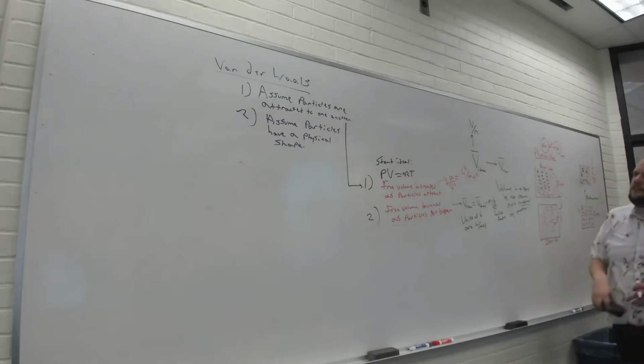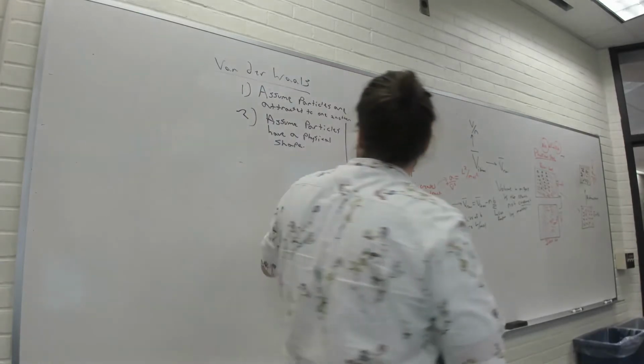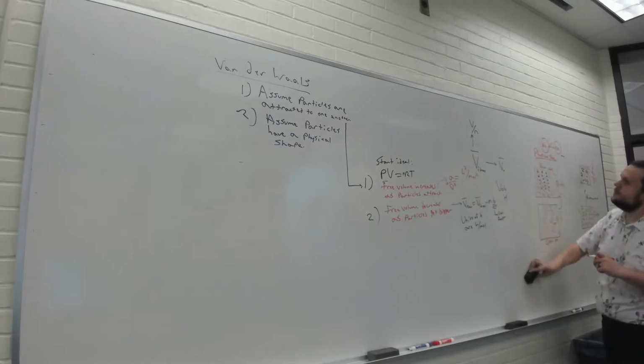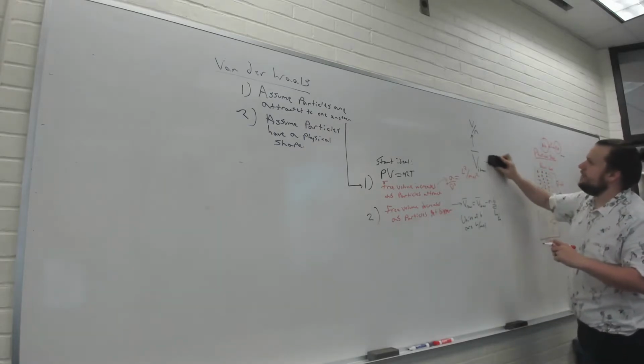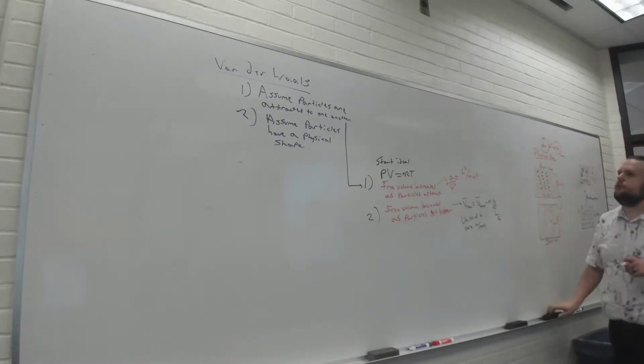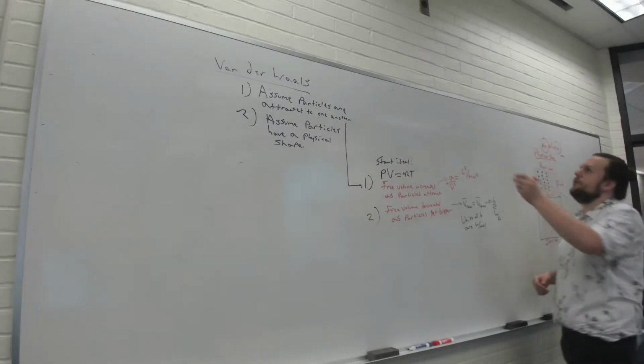So van der Waals had this nice idea, and he came up with an equation. Van der Waals says, I have a linear correction in volume for particle size and a quadratic correction for the attraction of two particles. Quadratic because there's two, not one. And so he comes up with a really lovely equation.